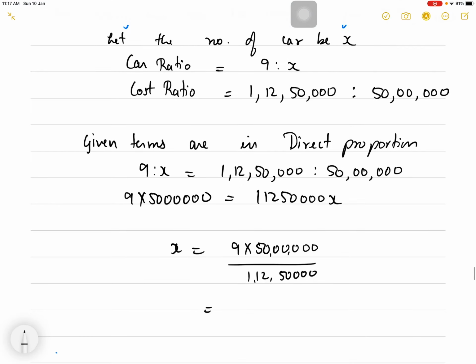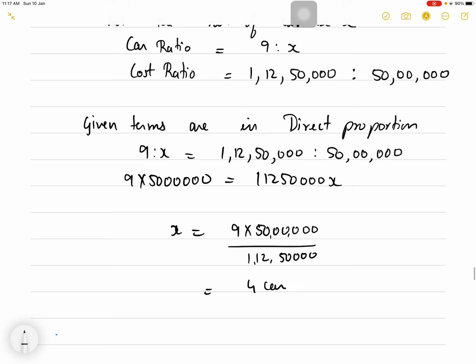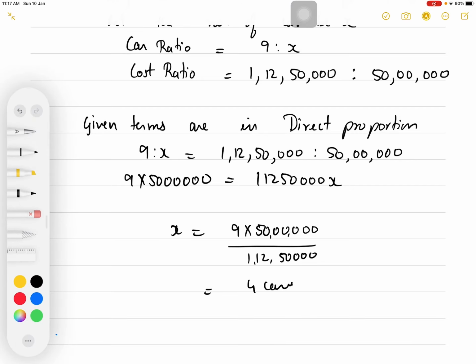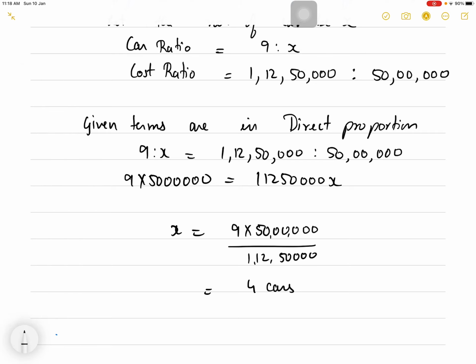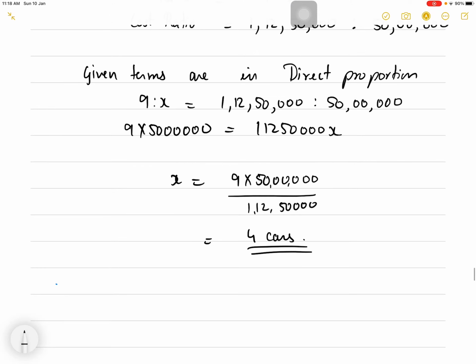So that means you can buy 4 cars from 50 lakhs. Therefore, 4 cars can be bought for rupees 50 lakhs.